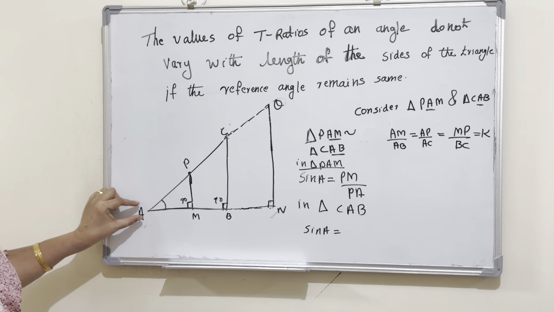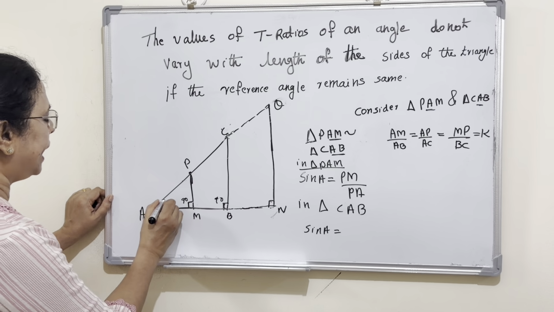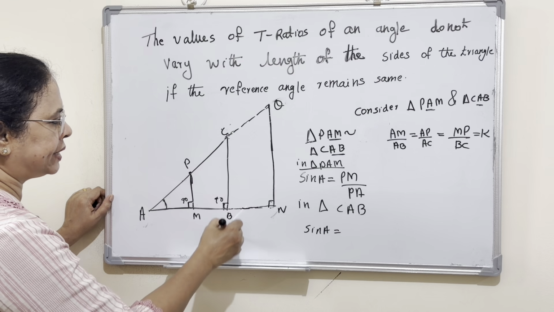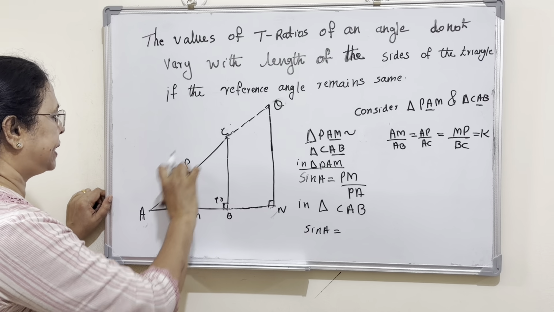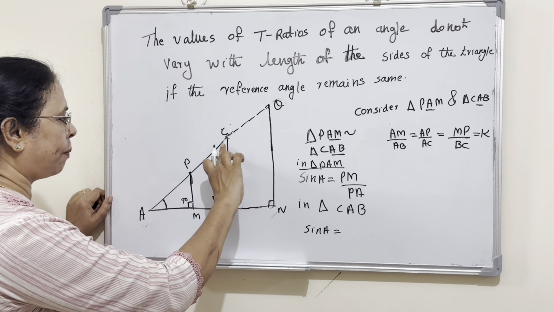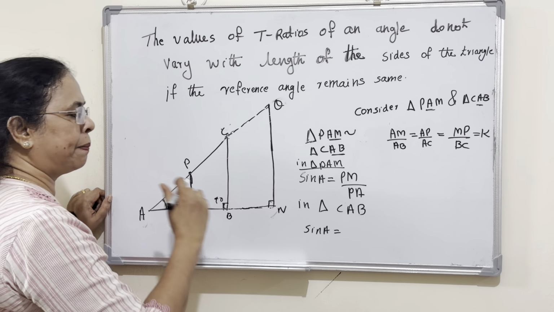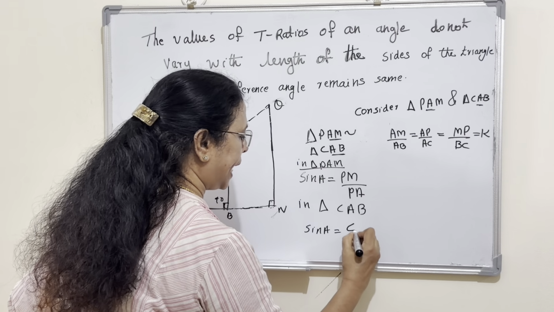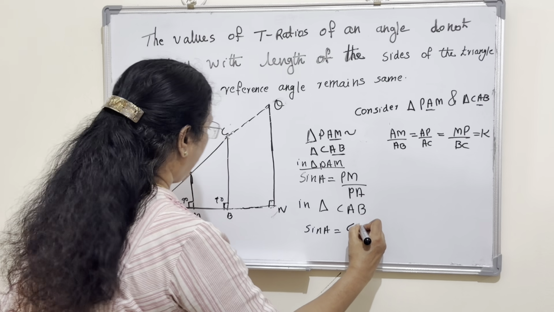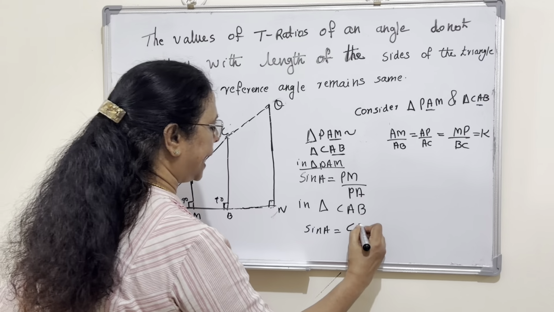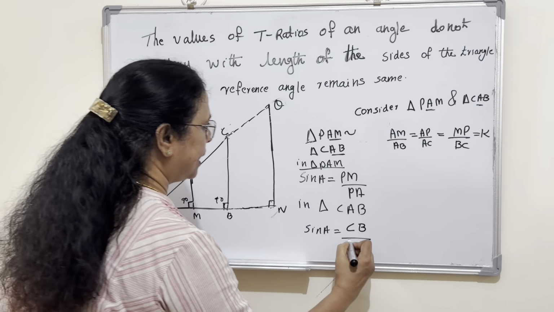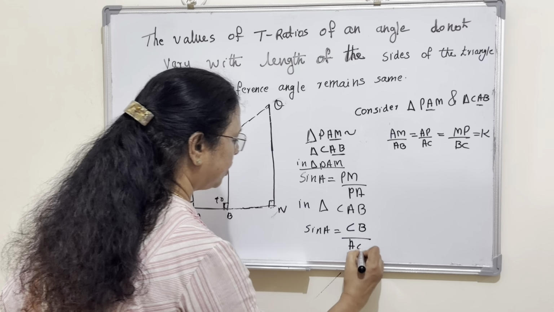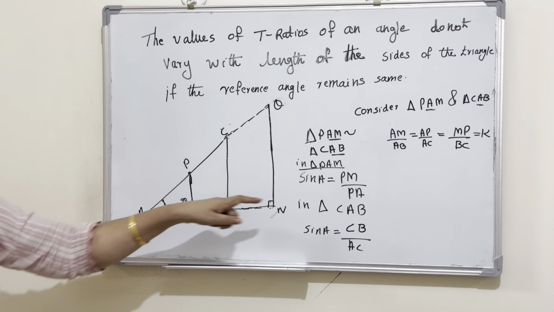That is BC, opposite to this angle A. CB is the opposite side and AC is the hypotenuse. So in the case of triangle CAB, I will write opposite side as CB and hypotenuse as AC.